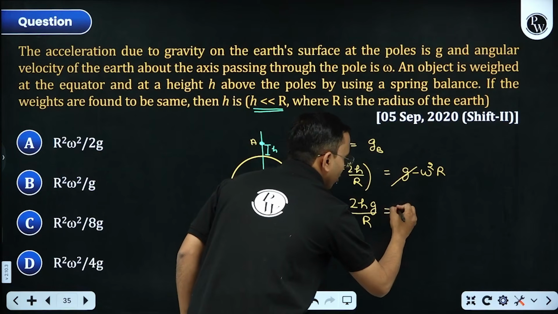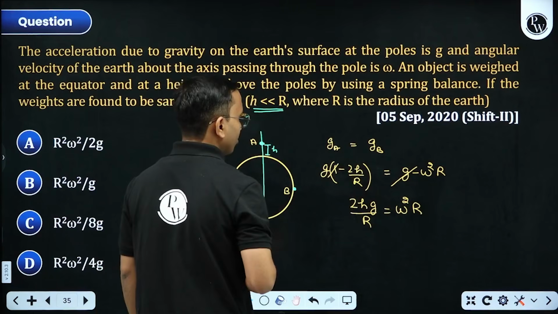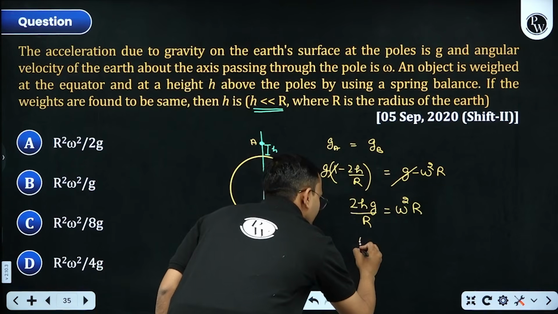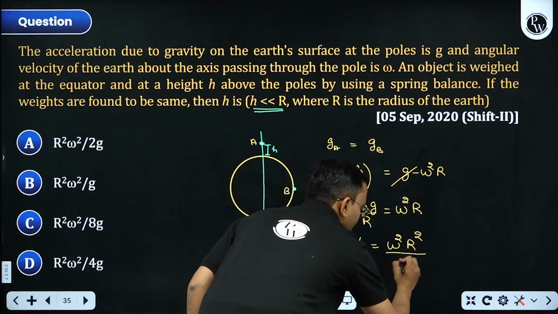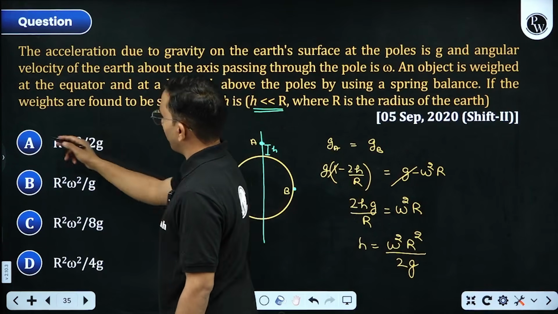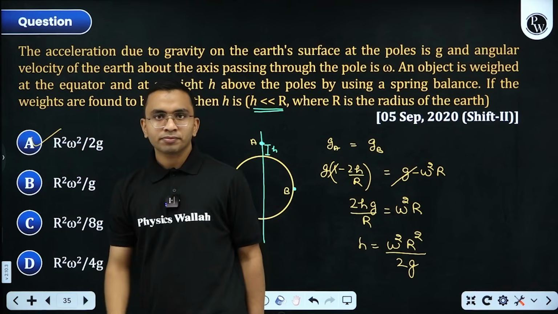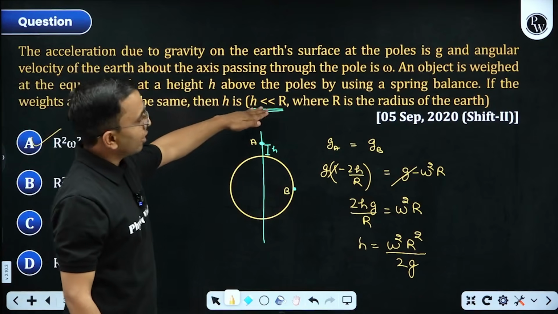This is my omega square r, and from here my h comes out to be omega square r square by 2g. Option A. Is this clear?